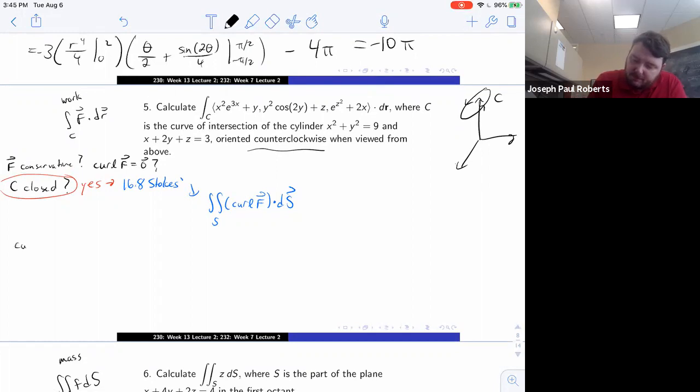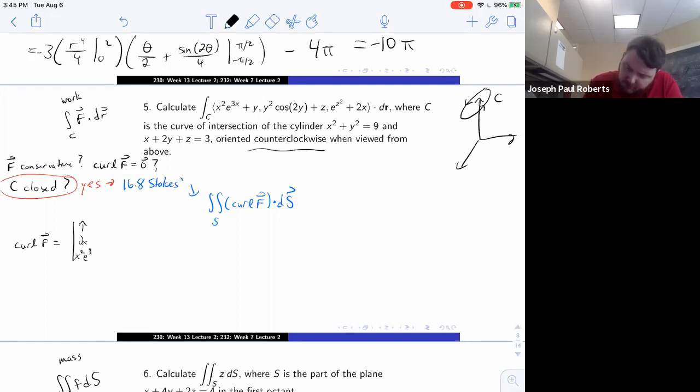So curl F is, what do I get? IJK, X partial, Y partial, Z partial. So I'm not writing them as fractions, just to save a little time. Oh, so this is annoying. I should leave myself some more room.